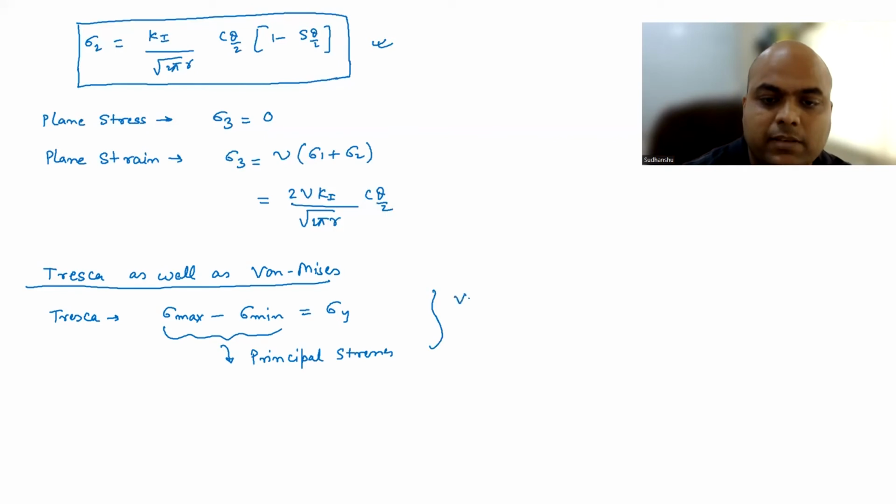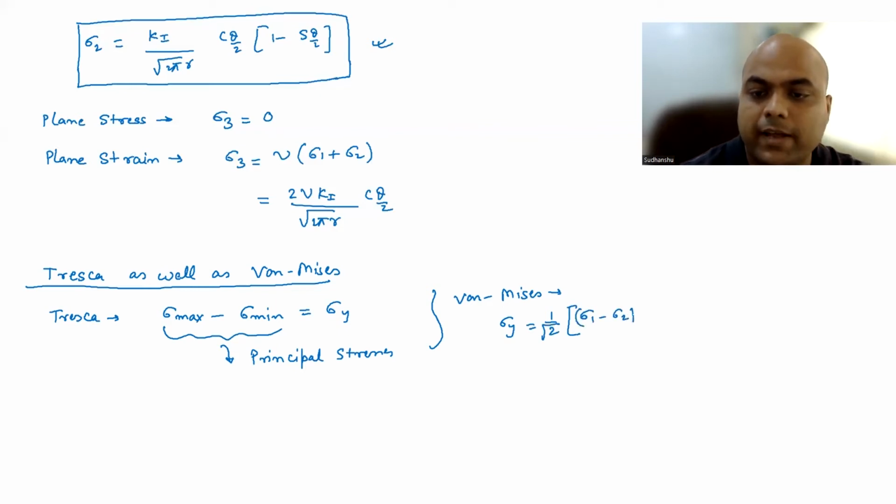And then von Mises is going to be sigma y equal to 1 by root 2, then sigma 1 minus sigma 2 square plus sigma 1 minus sigma 3 square and then sigma 2 minus sigma 3 square, all under the root.